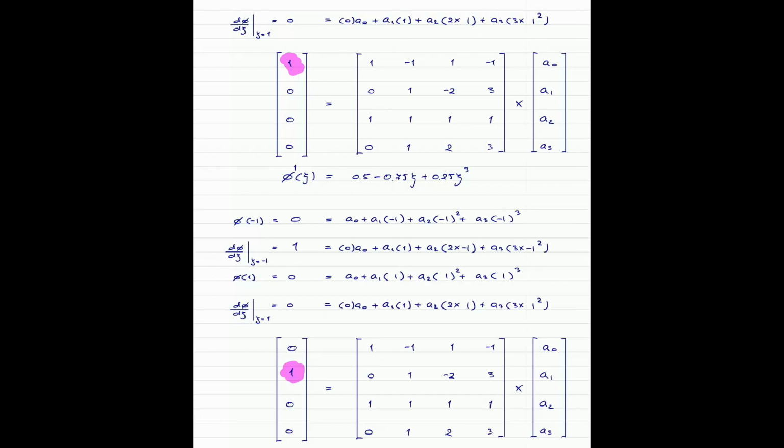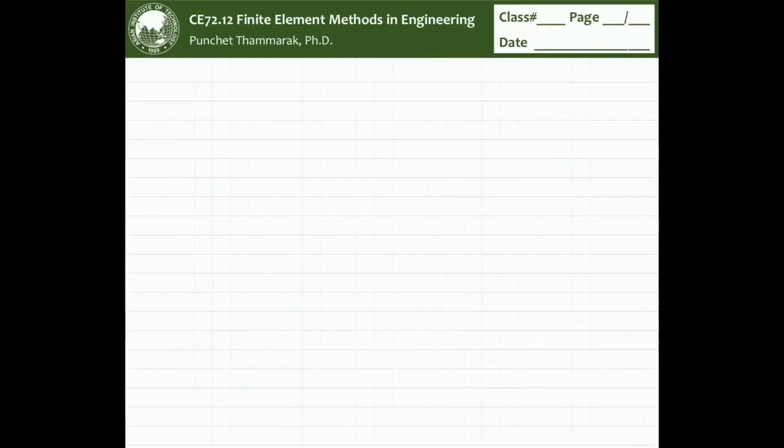But the evaluation is still the same, right? You just need to determine A0 to A3. If you substitute the value of C being -1 and 1 at each point, this is what you get. So I can just continue with 1 and 0.